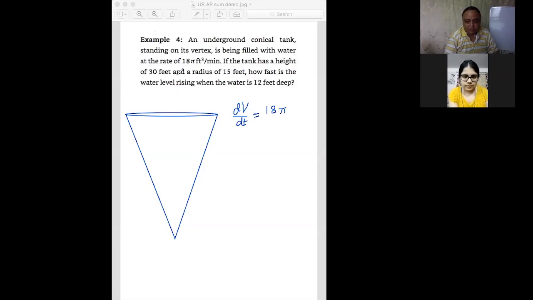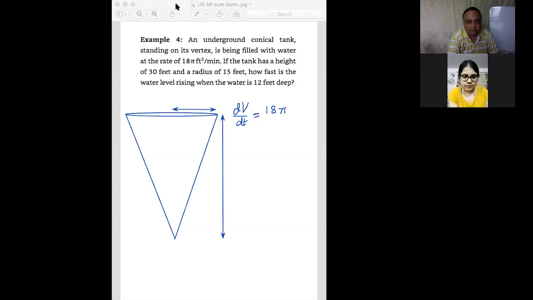What other information have they given us? They've said that the tank has a height of 30 feet. So it has a height of around 30 feet here, and it has a radius of 15 feet. Radius is 15 feet here.